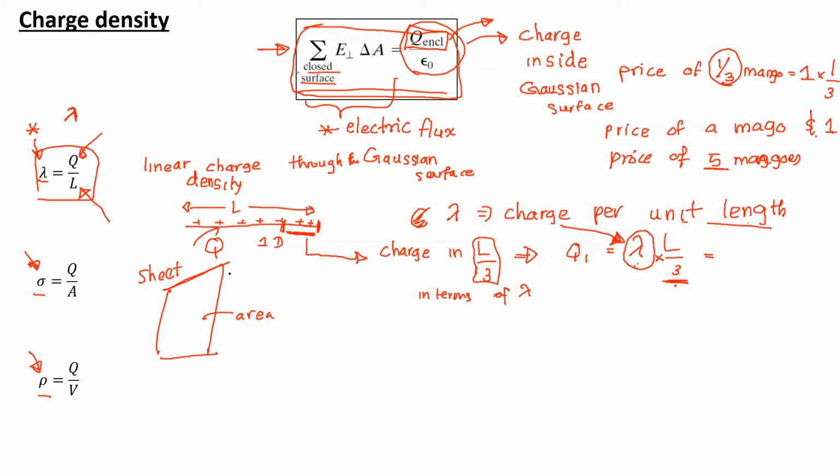Therefore, for two-dimensional objects like this, they have defined something called sigma. Sigma is the surface charge density. Just like linear charge density, this is called the surface charge density. In other words, it is the charge per unit what? Area.